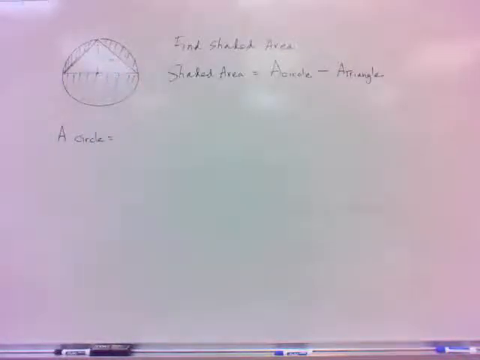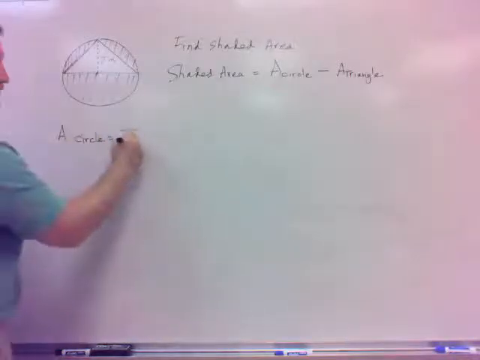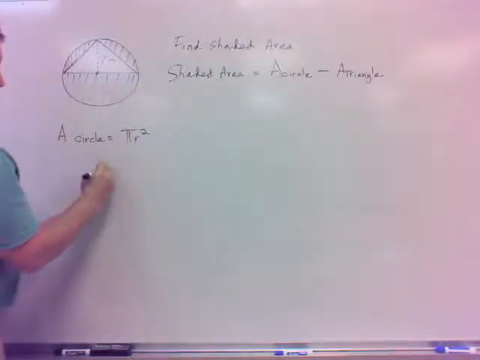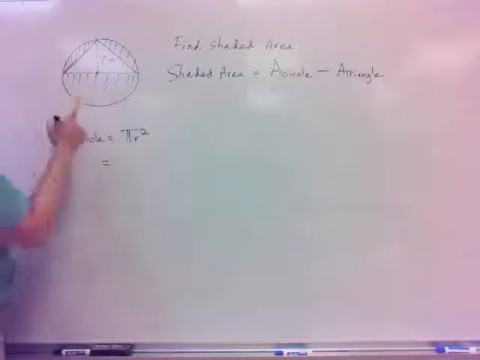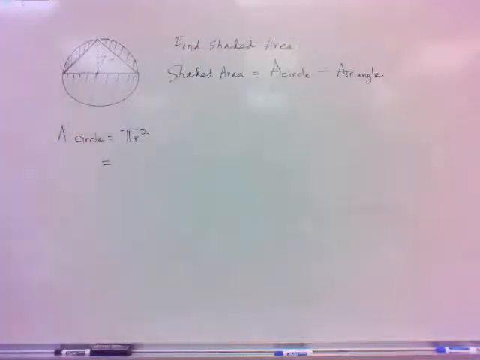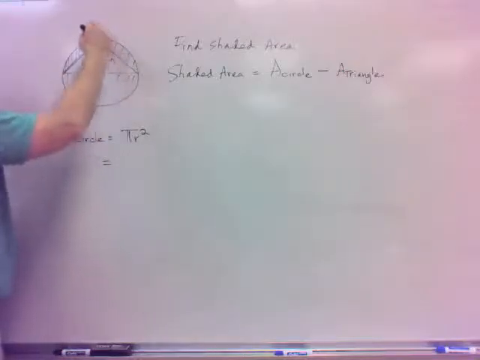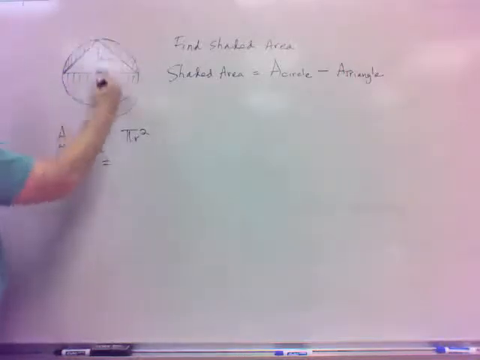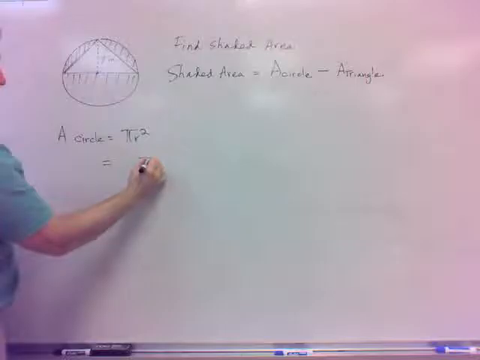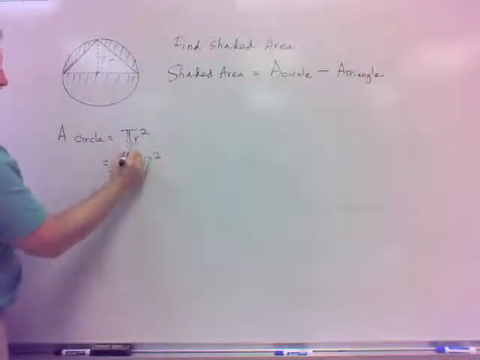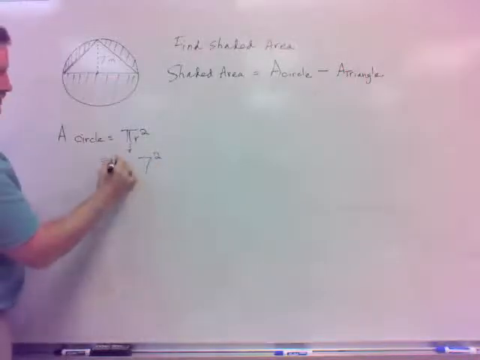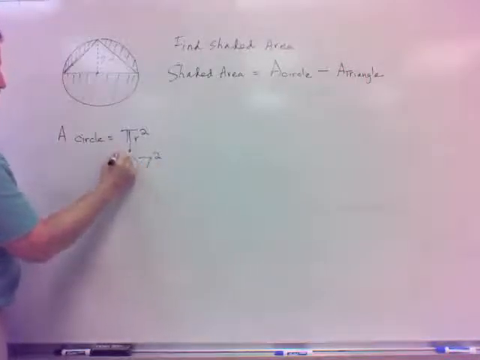All right, let's talk about the circle area. Area of a circle formula, if you don't know, you need to know: what is the area of a circle? Pi r squared. So you need to know the radius. What is the radius of the circle? It's 7, isn't it? It's the distance from the center to the outside of the circle. The radius is 7. Now again, pi, you can use your pi button or you can use 3.14 approximation.